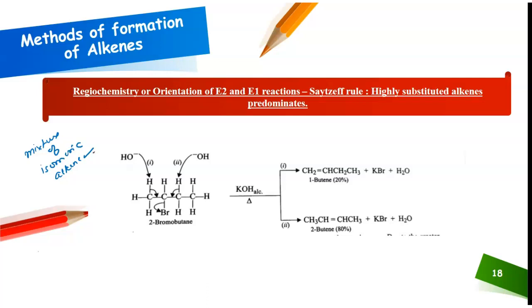Saytzeff rule में क्या होता है कि greater the number of substituent across the double bond carbon, more stable is that particular alkene. So I want you to write it down.